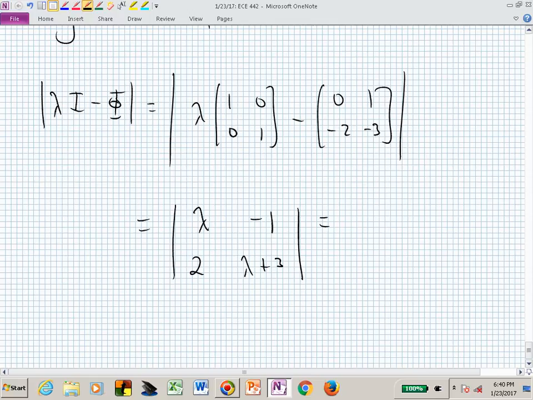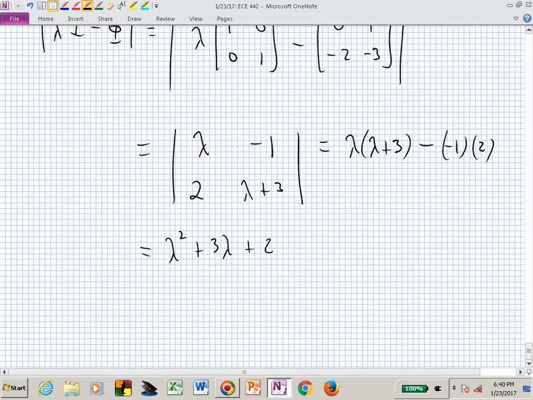On an exam, maybe not a 10 by 10, but you better be able to do a 2 by 2. This is the product of the diagonals minus the product of the off diagonals. We have lambda times lambda plus 3 minus 1 times 2, or lambda squared plus 3 lambda plus 2.